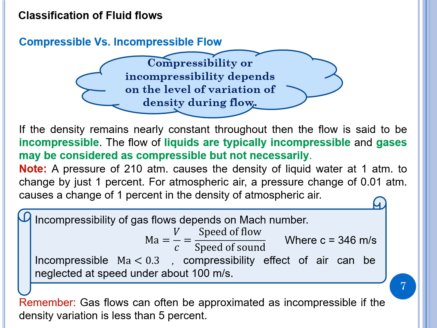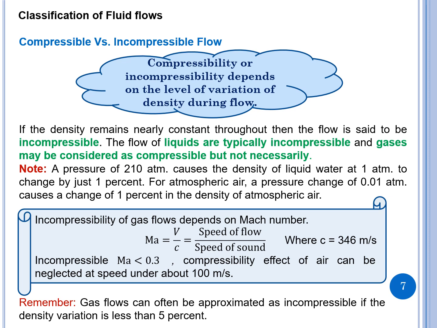On the other hand, for atmospheric air, if you change the pressure by 0.01 atmospheric pressure, it causes the change in density by 1%. So atmospheric air is compressible. Now, incompressibility of gas flows also depends upon Mach number. If Mach number is less than 0.3, generally the gases are treated as incompressible.